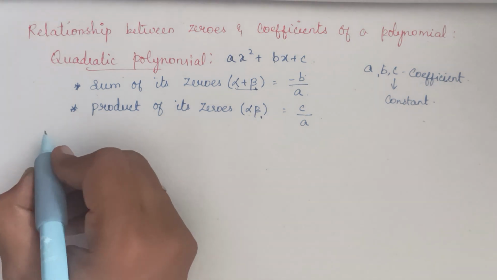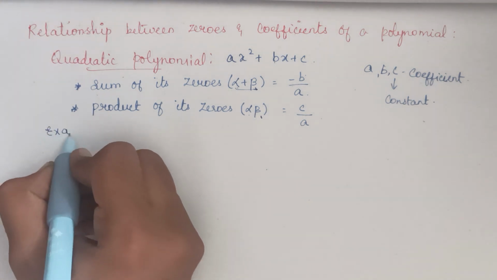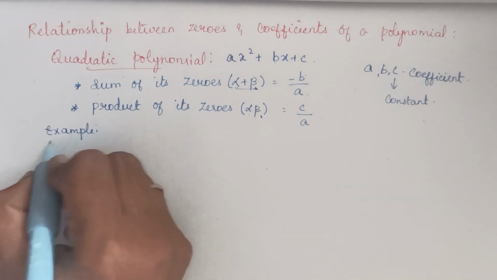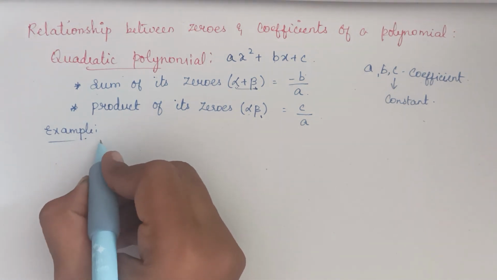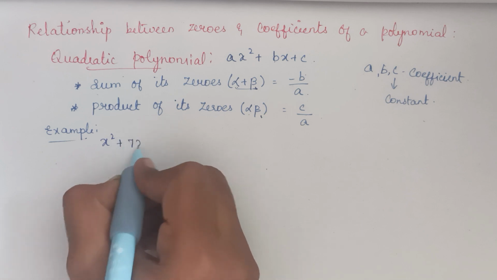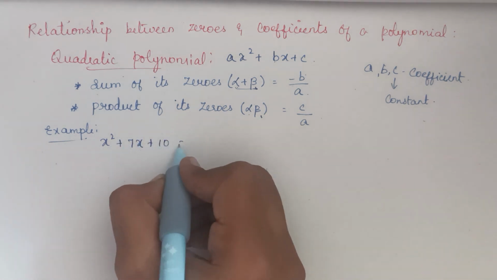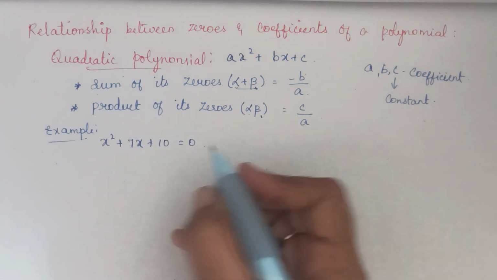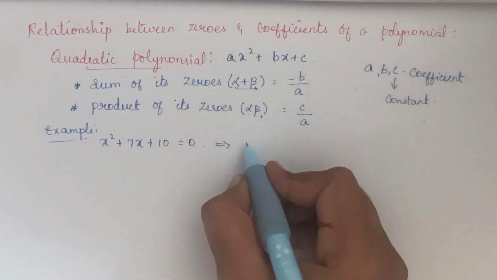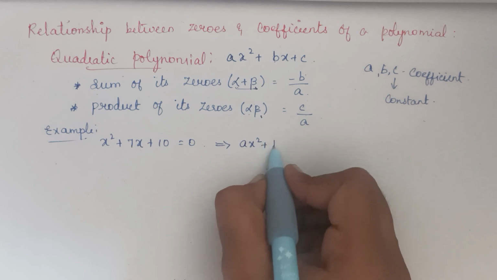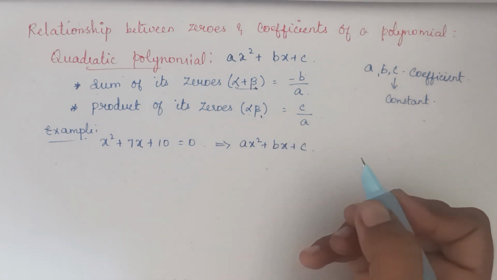Okay, so now we'll get into the example. x square plus 7x plus 10 is equal to 0. It is in the form of ax square plus bx plus c, am I right?